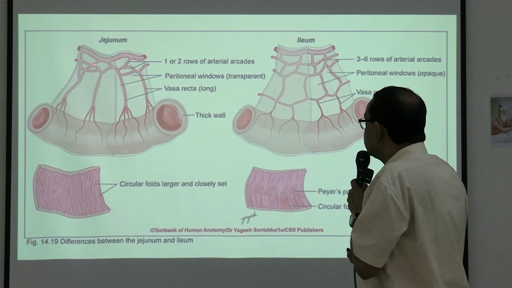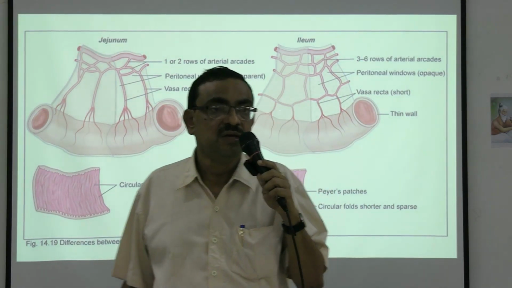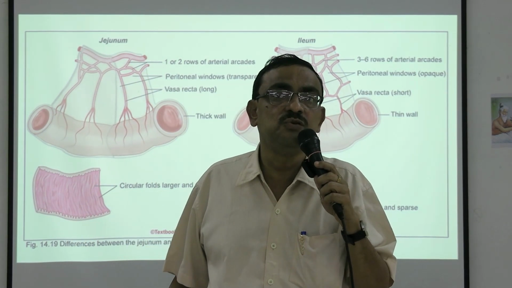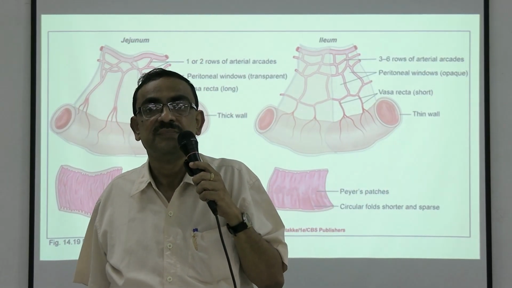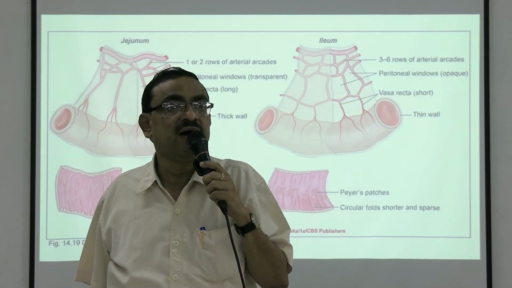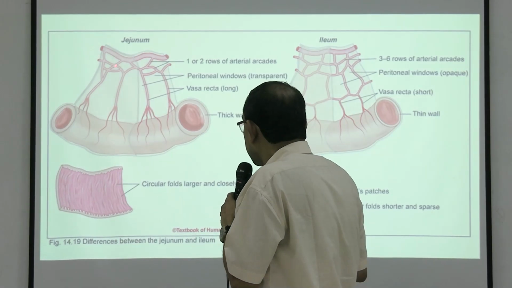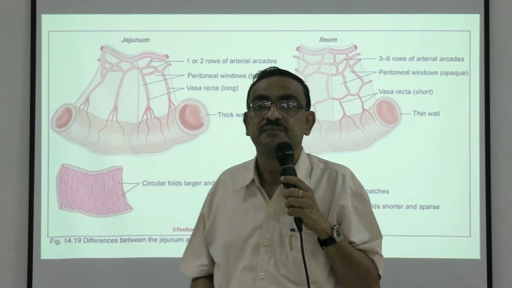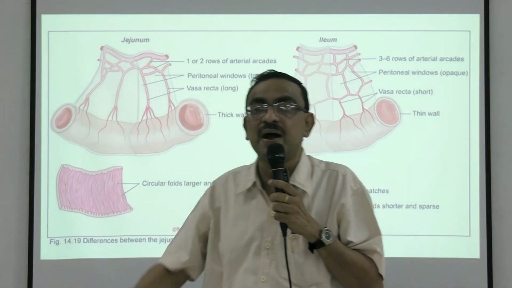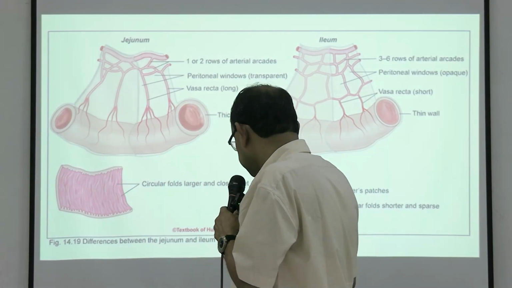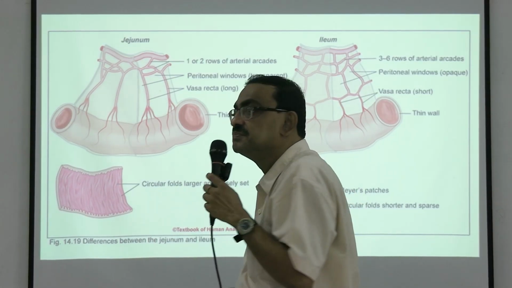If we divide the small gut into 4 parts from jejunum to ileum, in the first part we will get only one arterial arcade. On the second part we will get 2 arterial arcades like this.